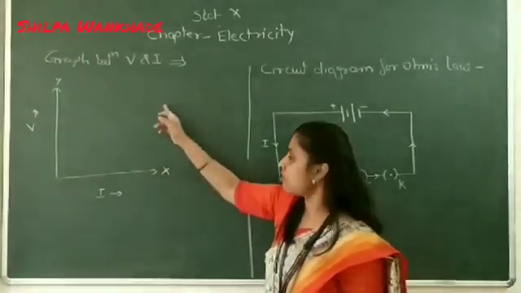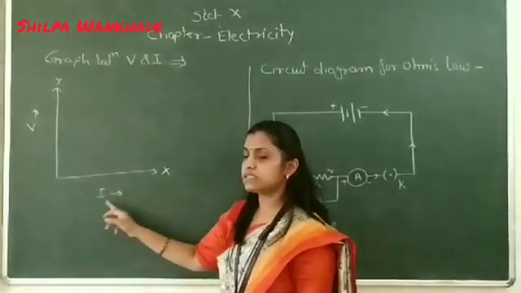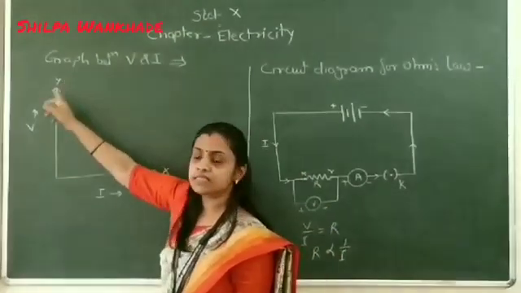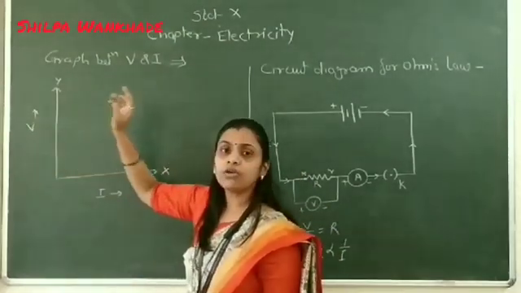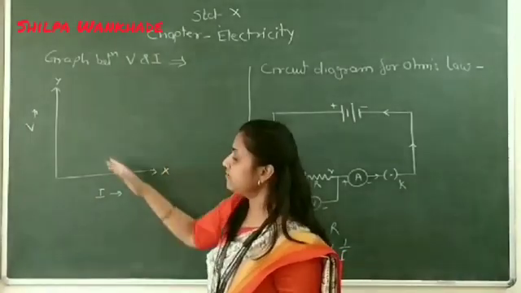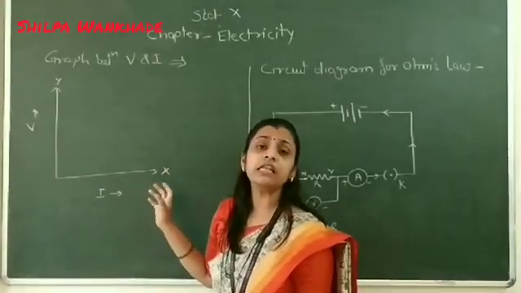So whenever we have to draw a graph, along the x-axis there should be current and along the y-axis potential difference. Now if we draw a graph between potential difference and current, then we get a linear graph.